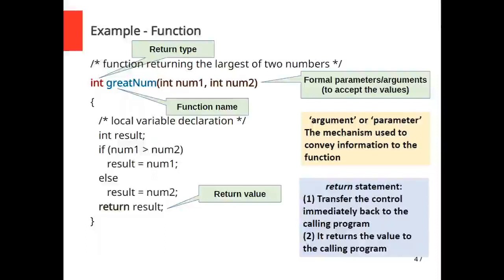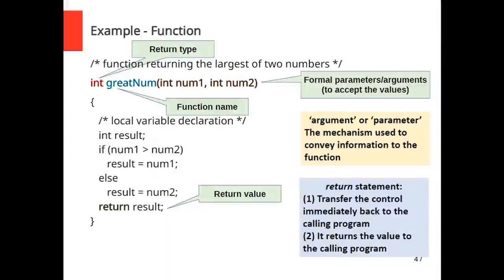Next, we'll see the function body. Inside the function body, which is written inside two braces, what we have is the logic to find the largest of two numbers. The logic is simple. If num1 is greater than num2, then the result is num1, else the result is num2. The result is a local variable which is declared inside the function greatNum, and the scope of this variable is limited to this function.